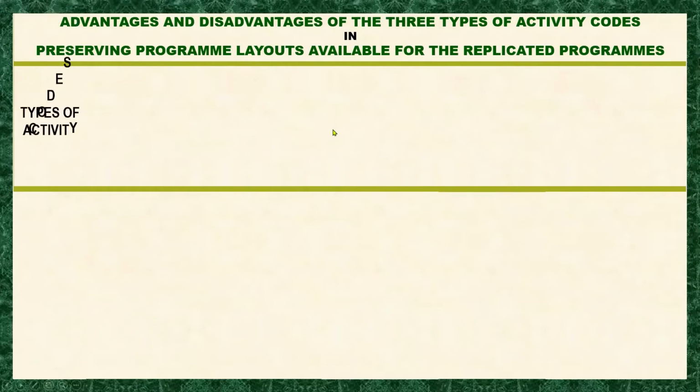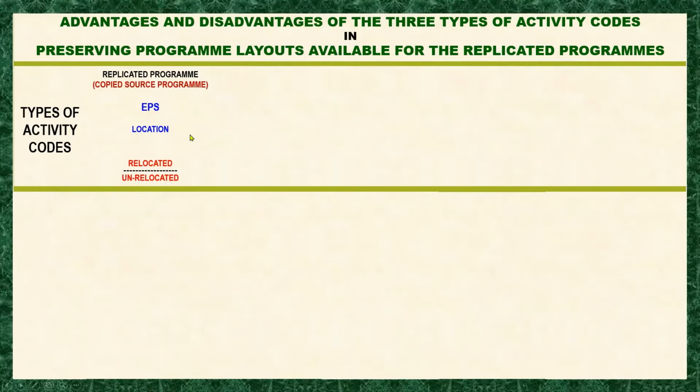Okay, let's go here. Here are the columns, the types of activity codes. Next is the replicated program, the copied source program. A replicated program means it is a copied source program, EPS location.